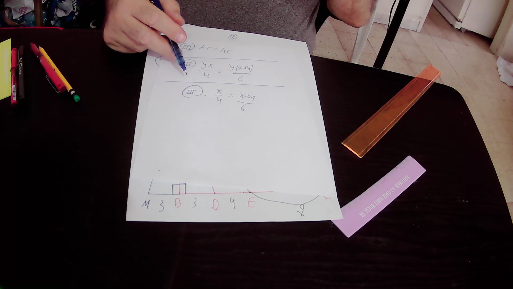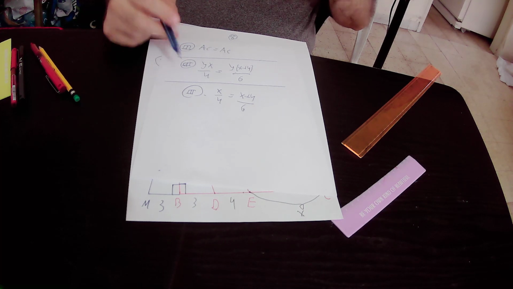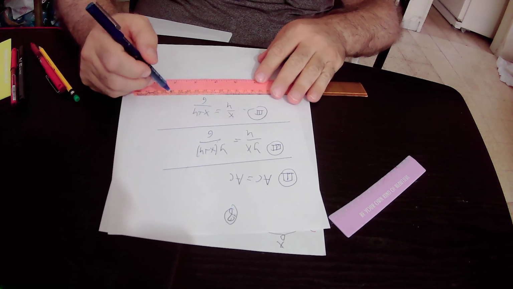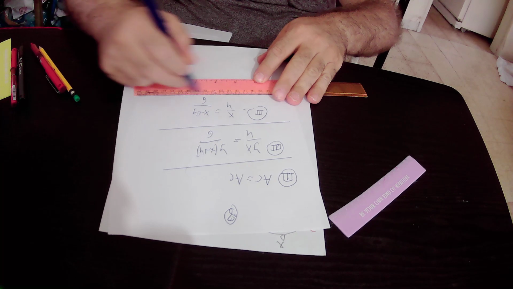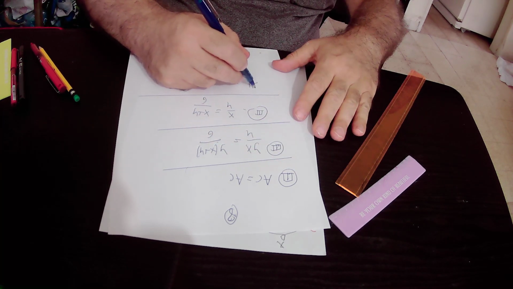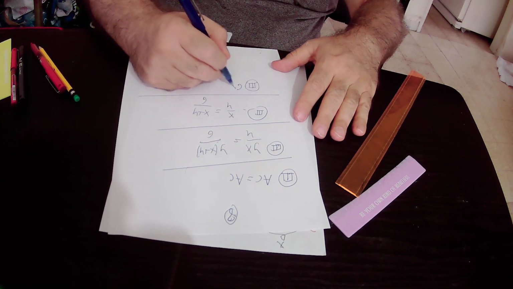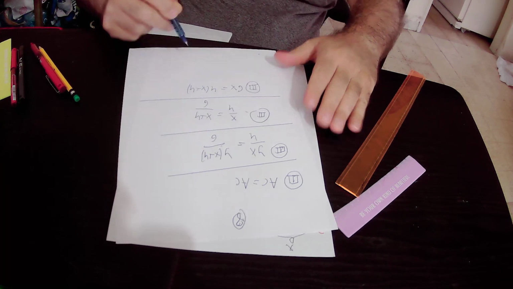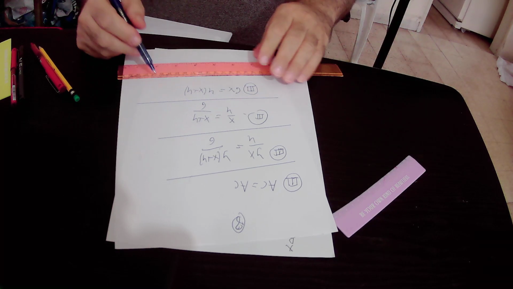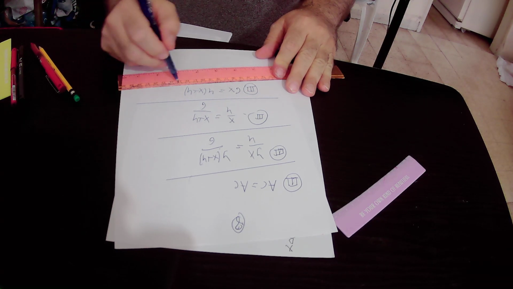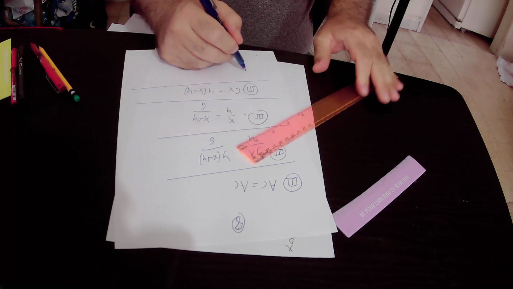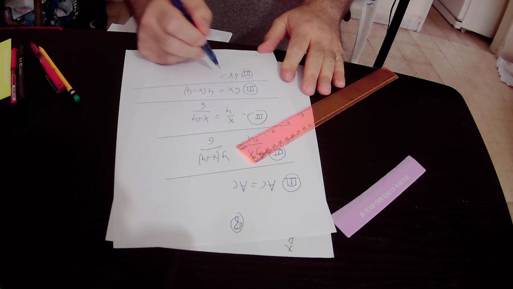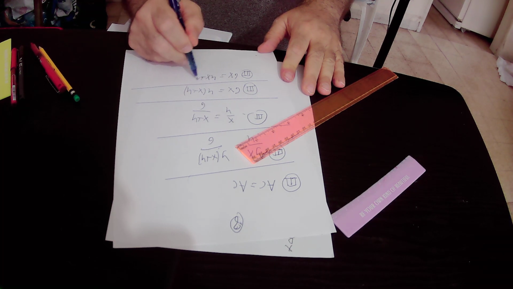Here we will multiply equation number 3 by 4 and 6, and we will get that, so here we will open the brackets, and we will get that 6x equals 4x plus 16.